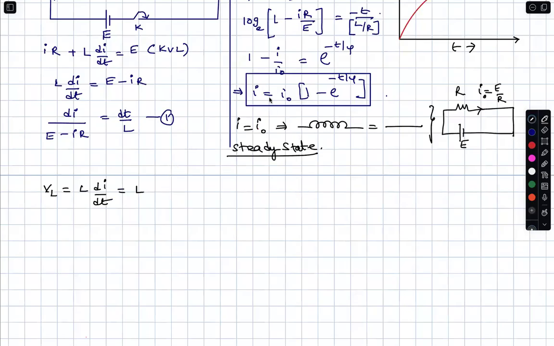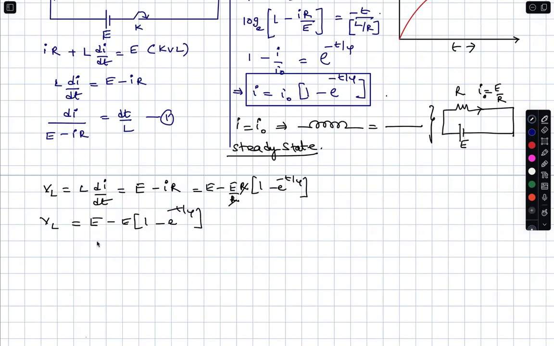L di by dt is nothing but E minus IR, which is E minus E by R times R times 1 minus e to the power of minus t by tau. So VL is clearly, R and R cancel, E minus E times 1 minus e to the power of minus t by tau. This can be written as E times e to the power of minus t by tau.